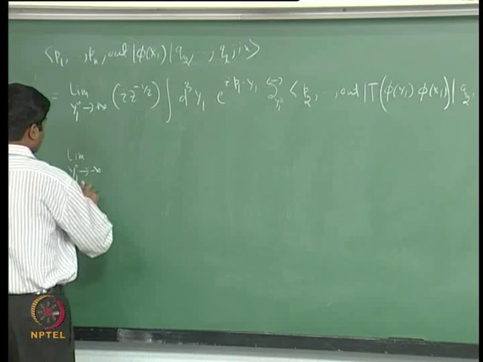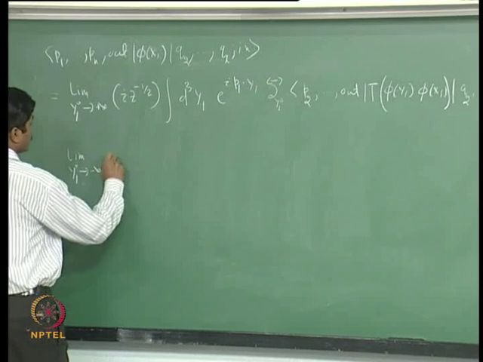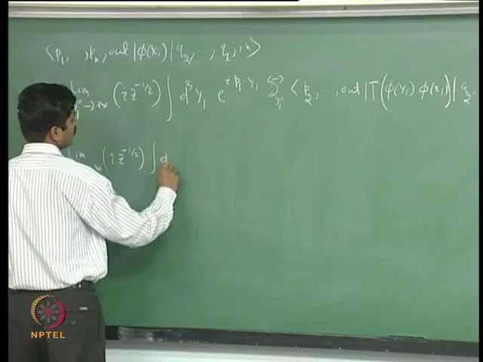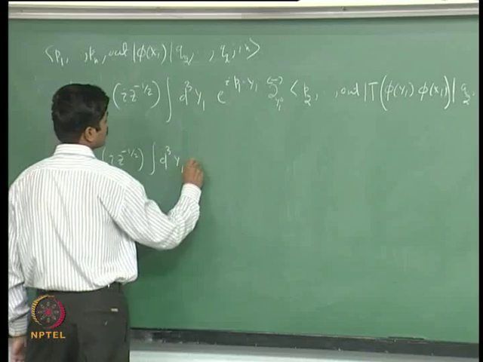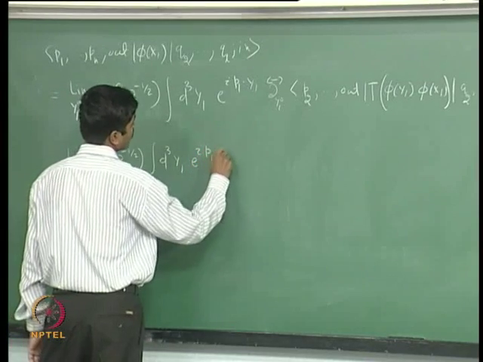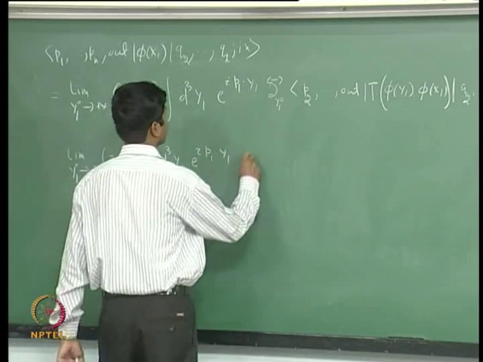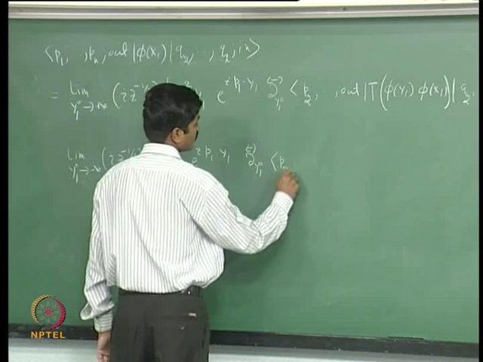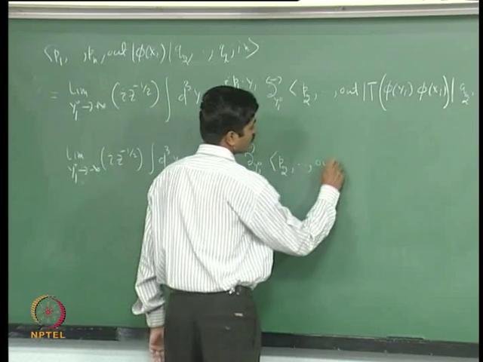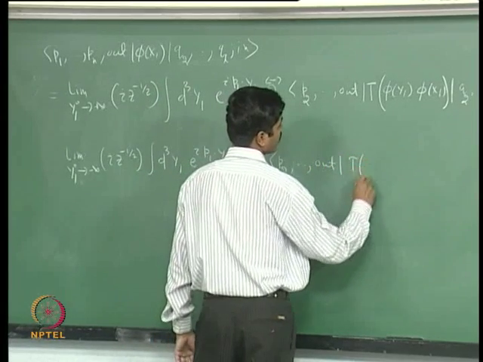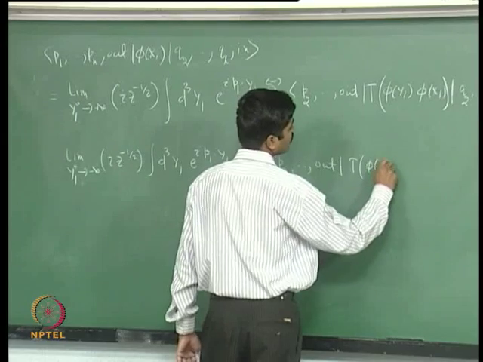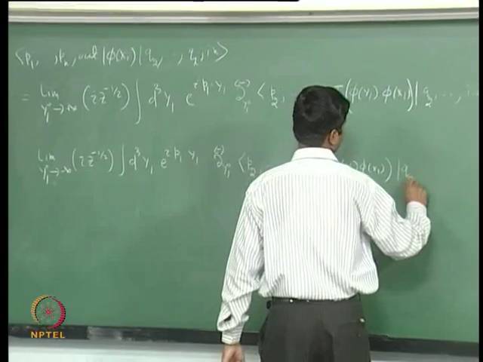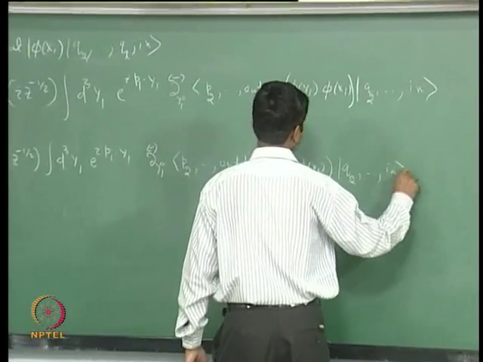So, limit y1 tends to minus infinity of i z to the power minus half, d cube y1 e to the power i p1 dot y1 del y1 0, ⟨p2 out| time order product of phi of y1 phi of x1 |q2 in⟩.